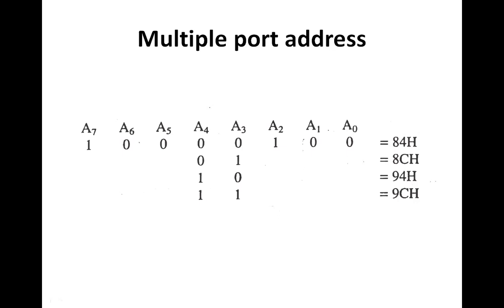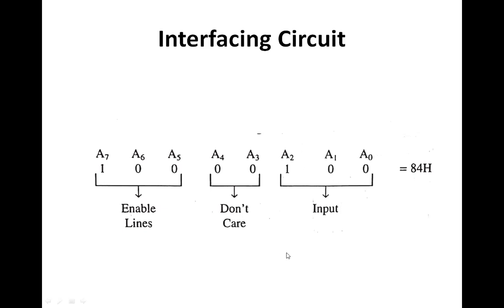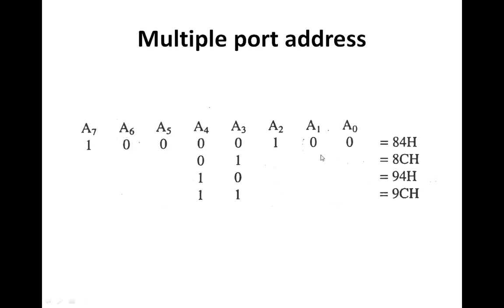Either we put 84 along with the IN instruction and the same port will be accessed, or we put 8C and the same device will be accessed. Similarly, if we put 94 or 9C, the same device will be accessed, because of this interfacing condition.